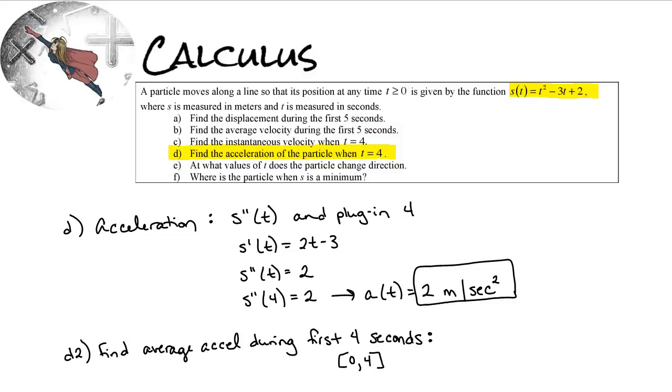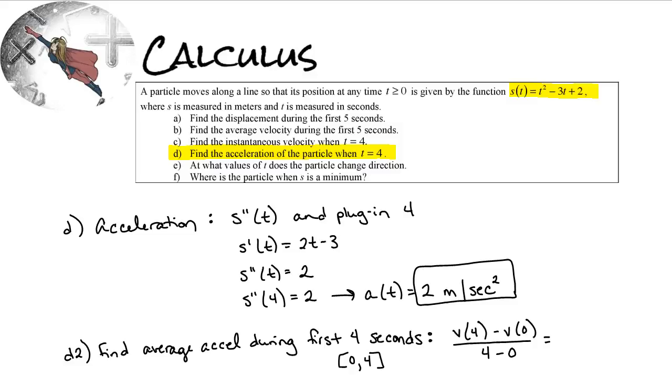You plug in the numbers from the interval into the previous equation. So for average acceleration, you would do velocity of 4 minus velocity of 0 over 4 minus 0. You always do average quantities that way, whatever they're asking for.